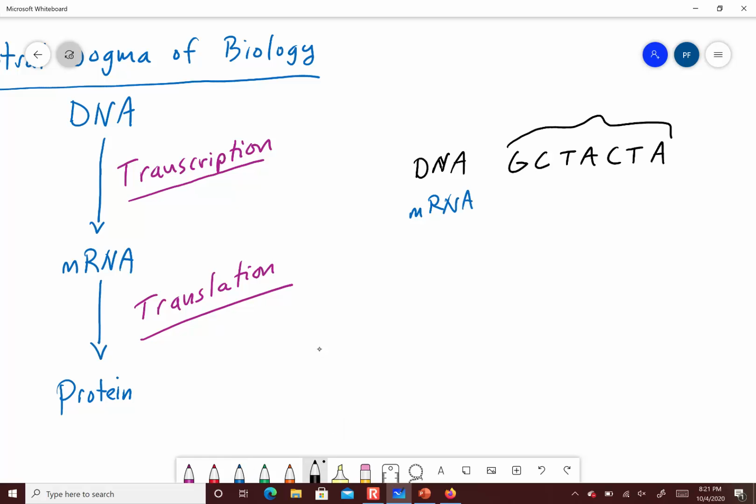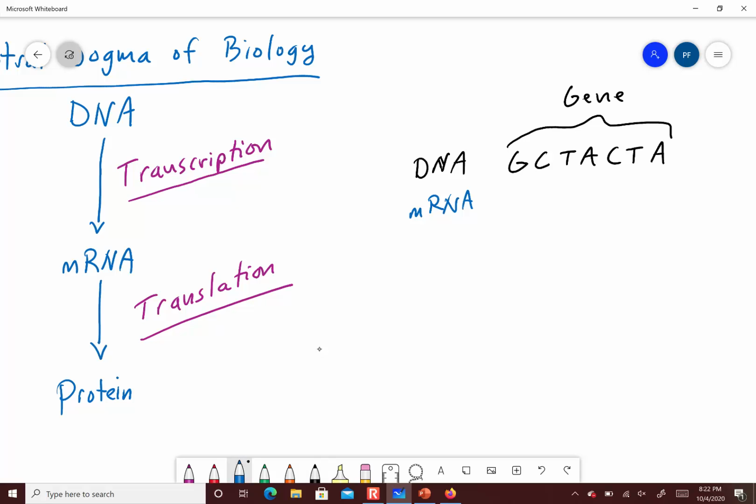This particular piece of our DNA would be a single gene. Genes are technically hundreds or thousands of bases long, so a gene's not going to be 7 base pairs like this. But just for the sake of doing this in a short, concise way, just think this section of DNA we're working with is a gene.